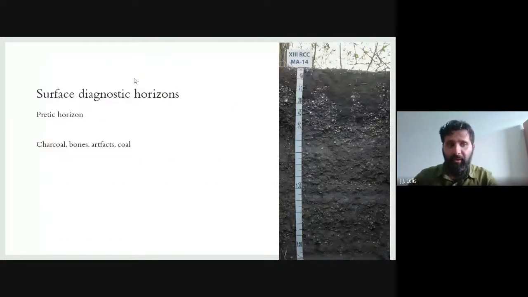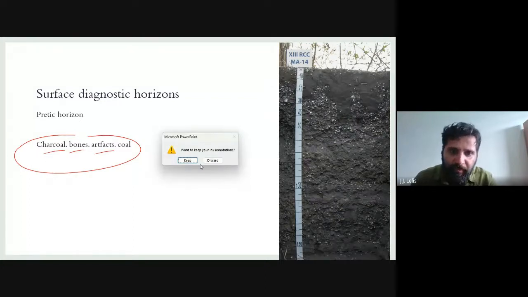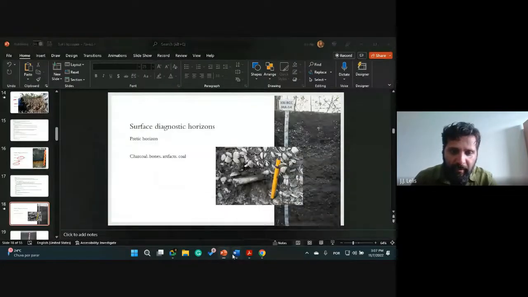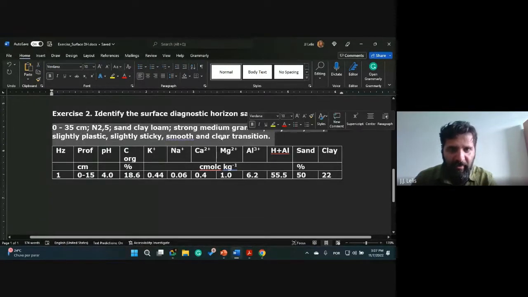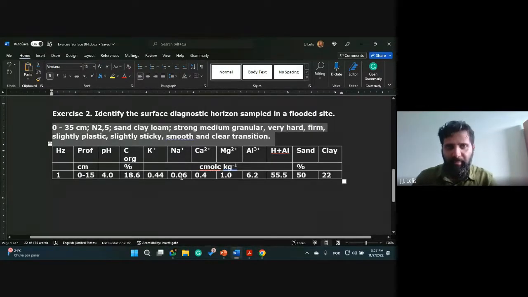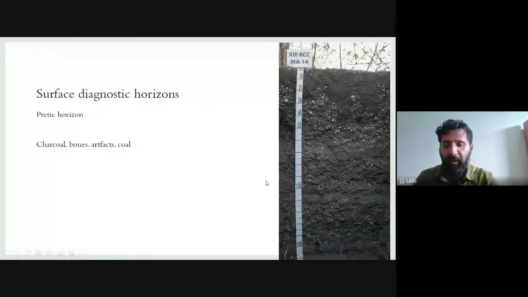A pretic horizon is a horizon that should present artifacts, coal, bones, charcoal, and kinds of materials that were added by humans. And the description of this horizon didn't mention anything like that. Didn't mention charcoal or ash or bones. So I know that's not a pretic horizon too.